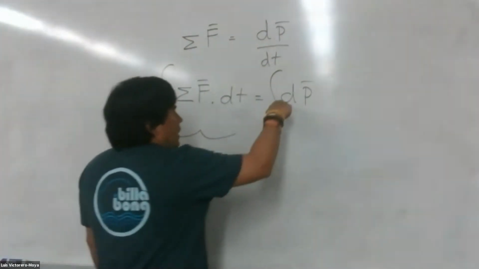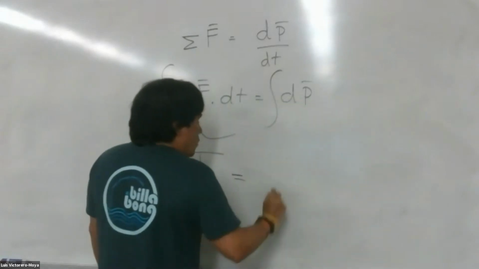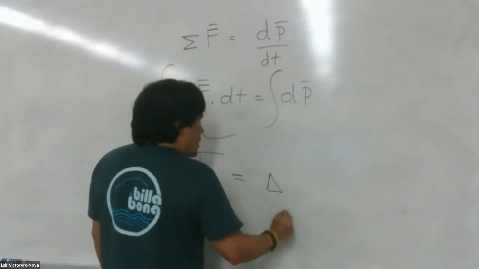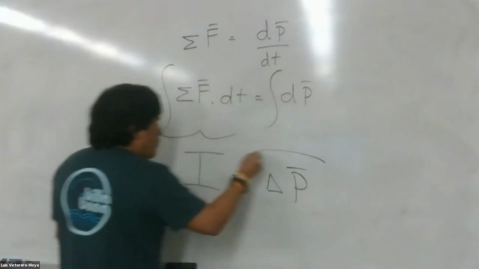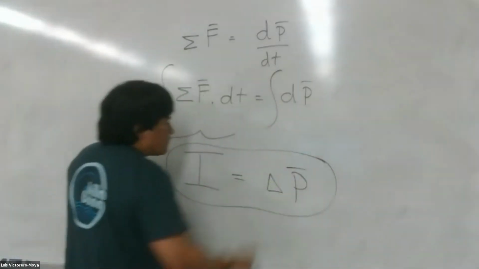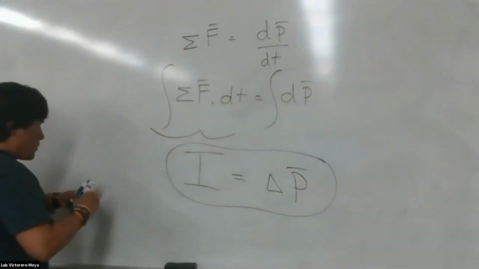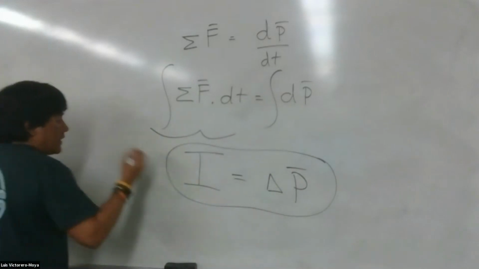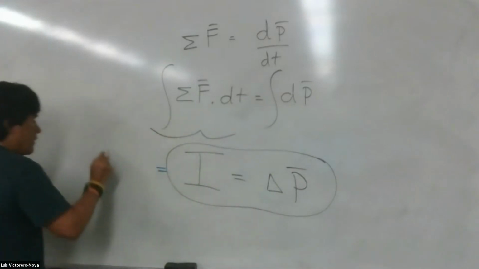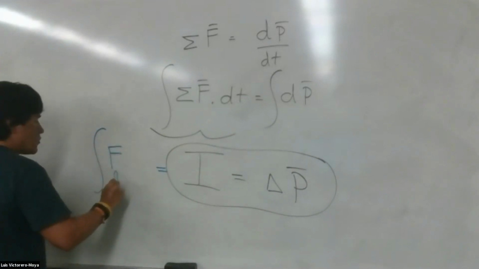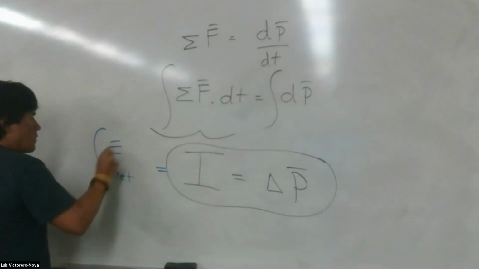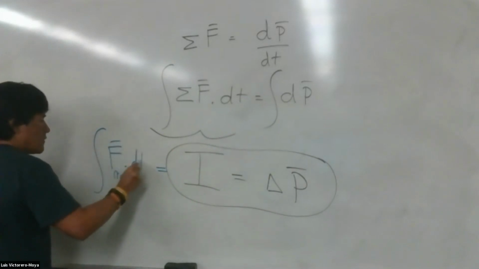And that's equal to the integral of dp, which you know gives you the change in linear momentum. But what is impulse? Let's not forget that impulse is an integral. It is the integral of the net force times dt.